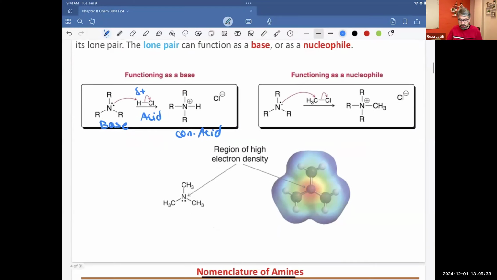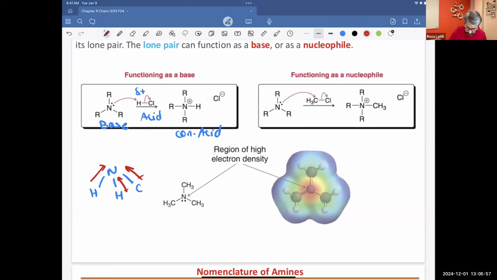So nitrogen does have basicity character, and the reason behind it is that nitrogen, regardless of whether it's attached to hydrogen or carbon, has higher electronegativity than hydrogen and carbon. It means it's going to pull electron density to itself.